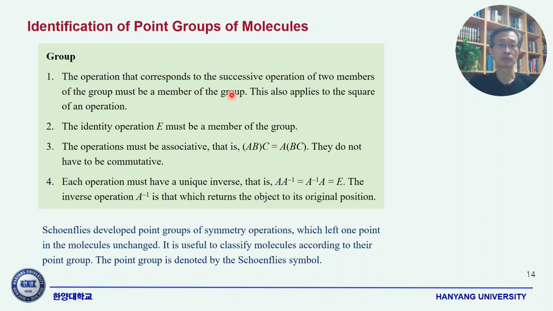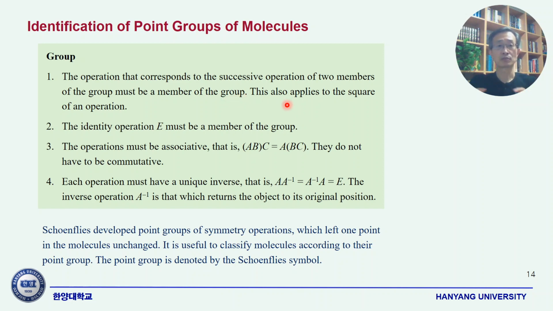First, the operation that corresponds to successive operation of two members of the group. Let's say C6 operation and C2 operation. Pick any two symmetry elements of the group and operate one by one, twice in that case. Then you'll find an equivalent operation that is a member of the group. The same operation from one single member.